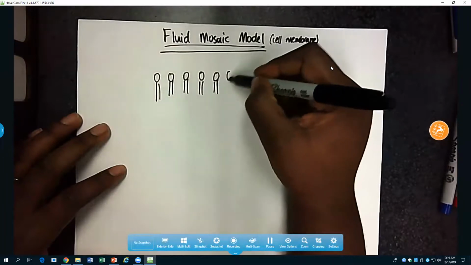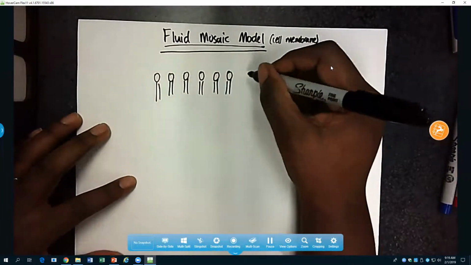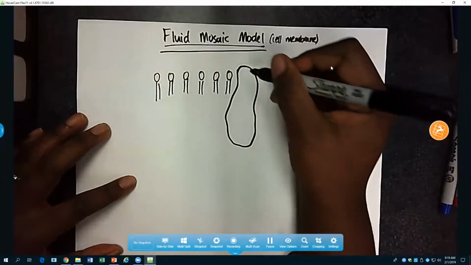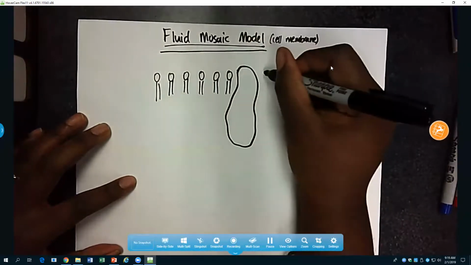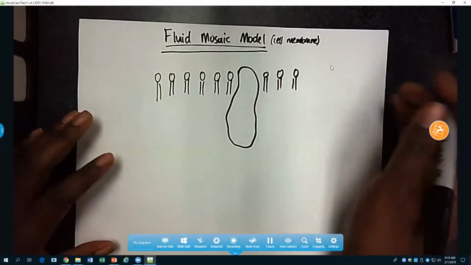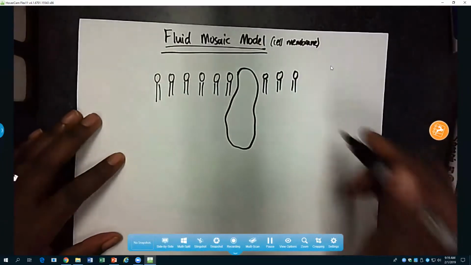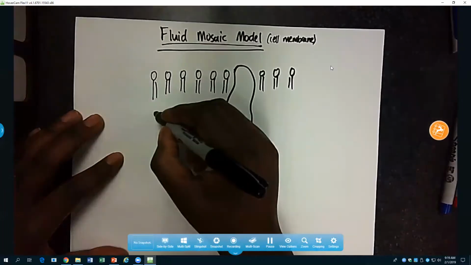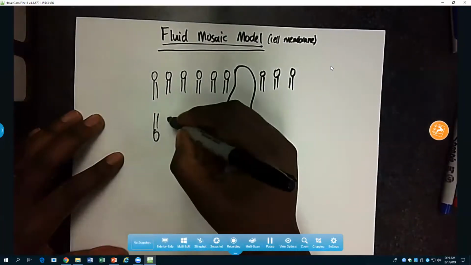Good, it's not solid. What else? It's movable, perfect. It's moving and it's not solid. It's not rigid, it's not fixed, all right? And mosaic implies that there are several components that are acting together very nicely to bring about the function that we see.